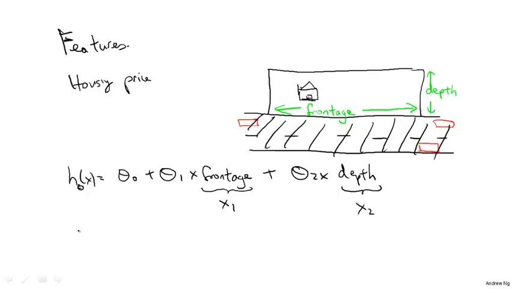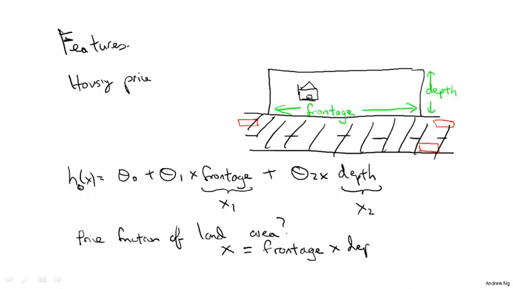But maybe the price is a function of the land area, rather than really a function of frontage or the depth. Maybe it's a function of how much land area you have. And so another model you could instead build is to just have one feature, x or x1, which we're going to compute as the frontage times the depth.